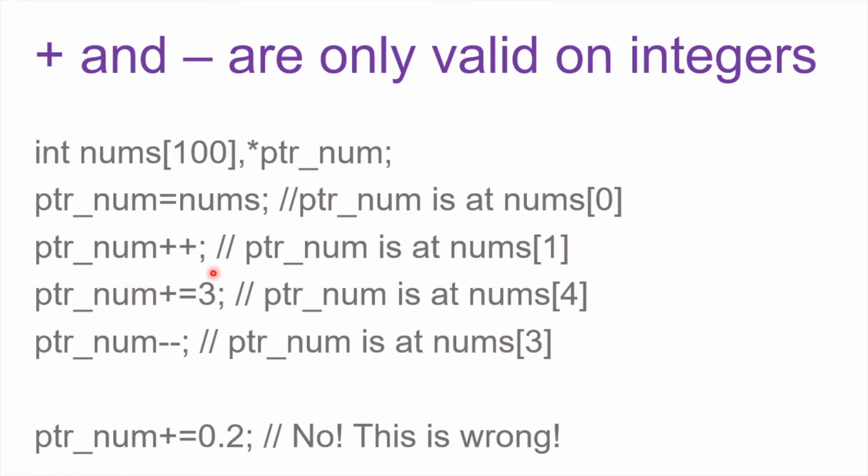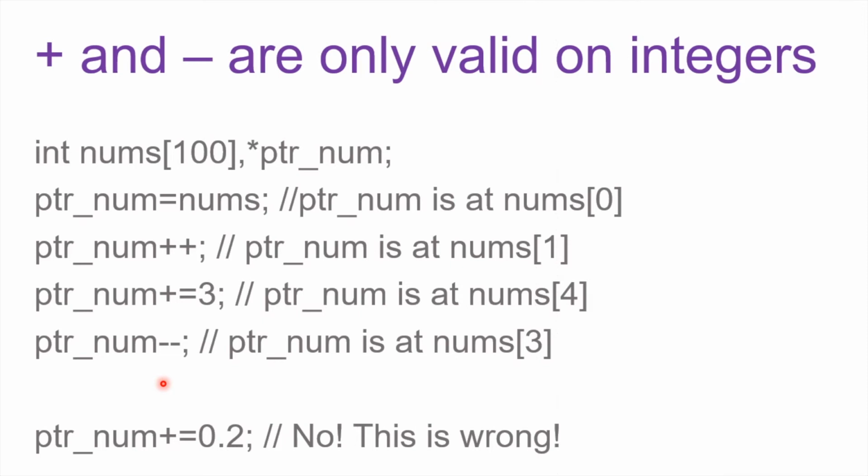When we increase the pointer by 3, it will be shifted to the address of nums4. And also by using the minus, it will decrease the value by 1 unit of that data type. That means the address will be set to nums3.